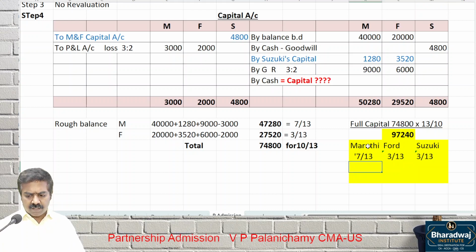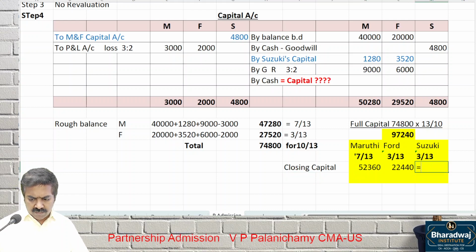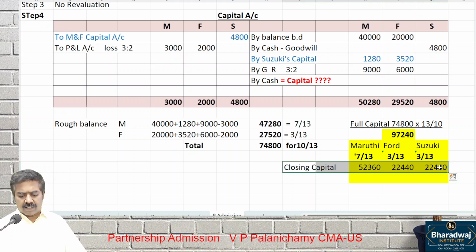They want to adjust, so 97,240 in this ratio. 97,240 into 7 by 13 is the closing capital required. 97,240 into 3 by 13, and again 97,240 into 3 by 13. This is the closing capital required by the partners.